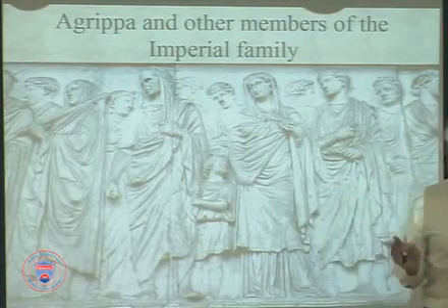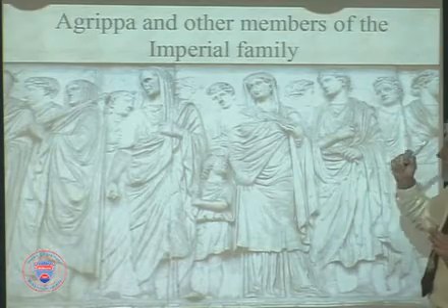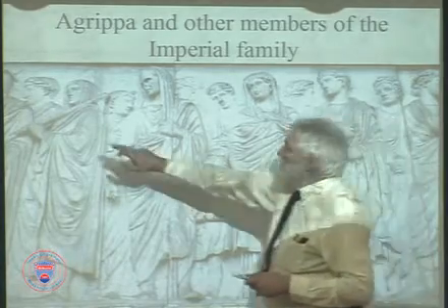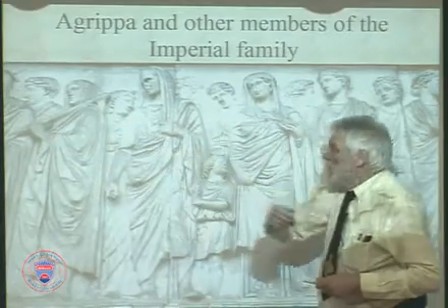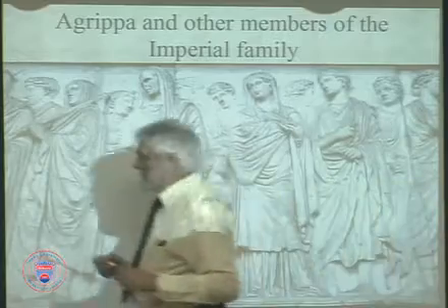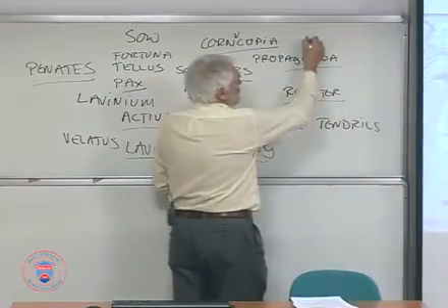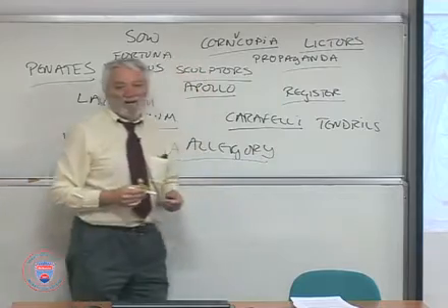Now, there's a lot of argument as to who these figures represent. But this guy here, carrying that staff of office there, and there's another 2 or 3 in front, these are clearly lictors. The lictors are the guys who guard the princeps.